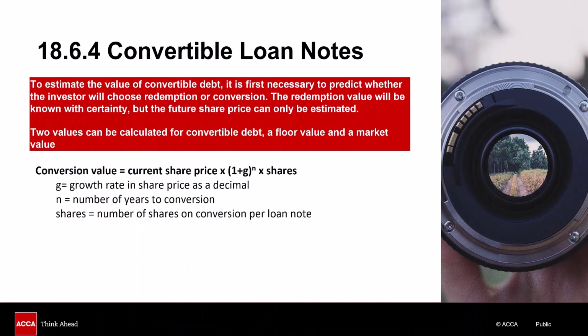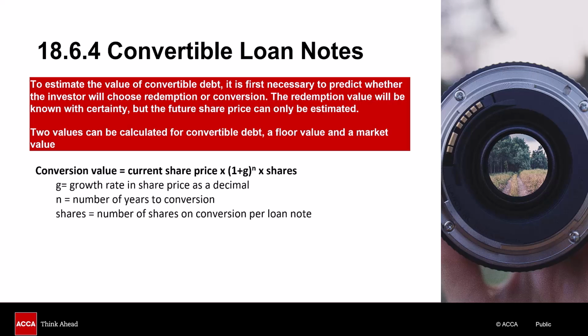The final debt instrument that we come to are convertible loan notes, and this is section 6.4. To estimate the value of convertible debt, it's first necessary to predict whether the investor will choose redemption value or conversion. The redemption value will be known with certainty, of course, because that's the cash value. But the future share price can only be estimated.